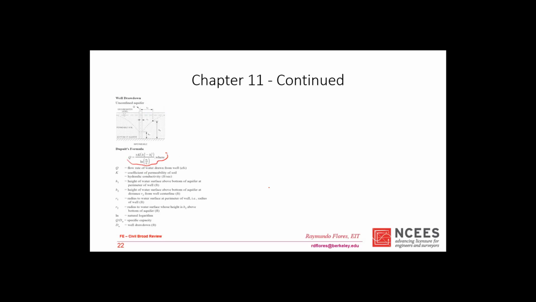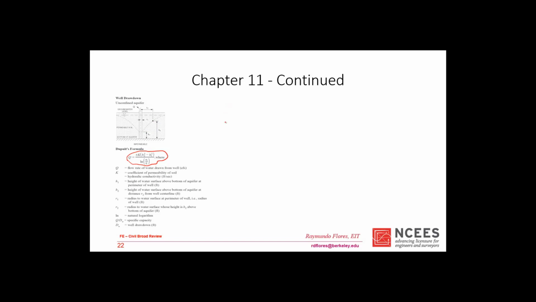For the purposes of the FE, you should know that it's an unconfined aquifer, which means that you don't have anything trying to push it. What do I mean by that? If you have a confined portion, it means that portion is going to flow in a way that is rectangular.